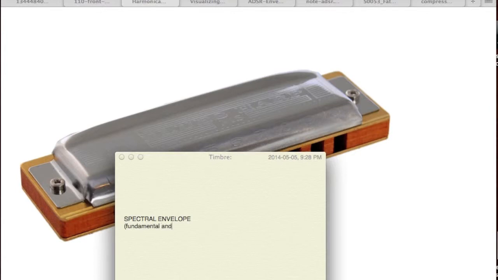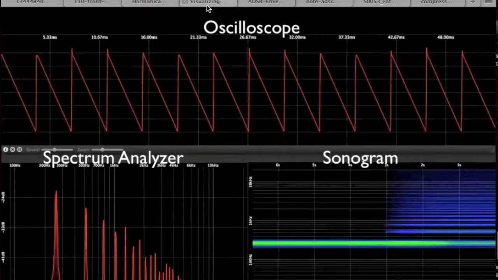So let's pull up a screenshot of the visualizing sound video from week 1, and you can see in the bottom left-hand corner that when Loudon was playing the sawtooth waveform, there's actually a bunch of different frequencies sounding at once, even though we heard one distinct tone.